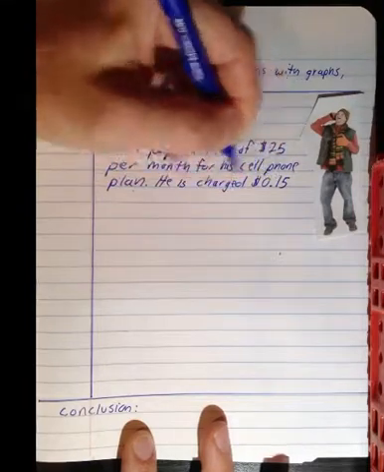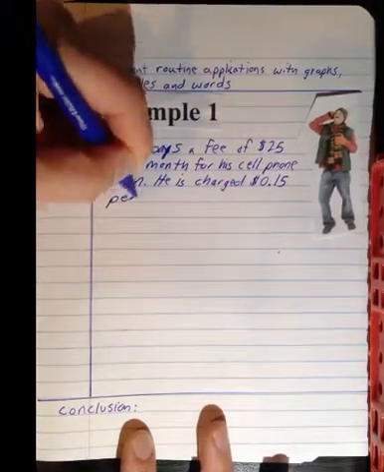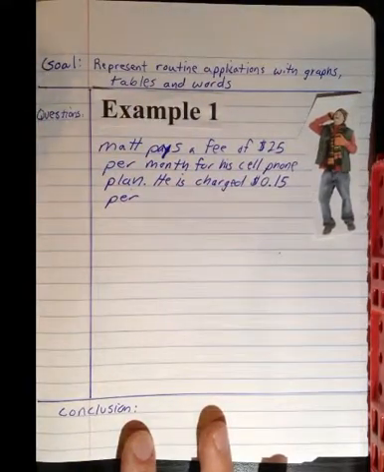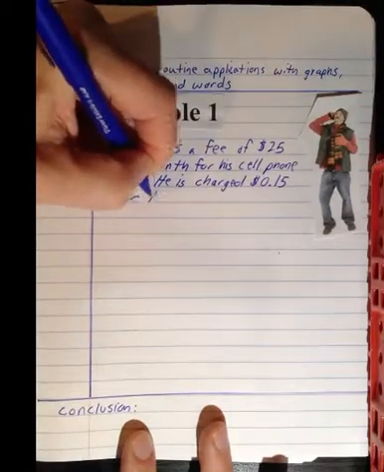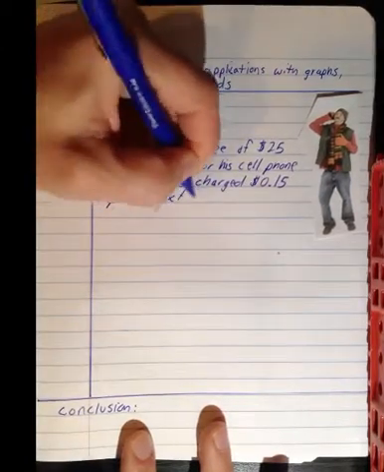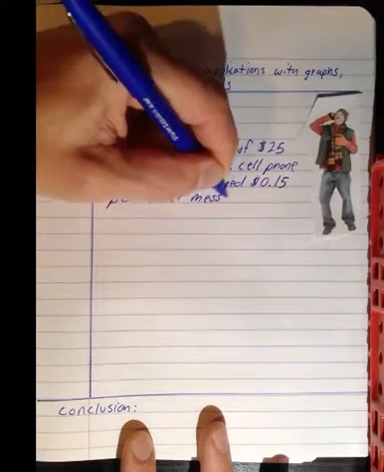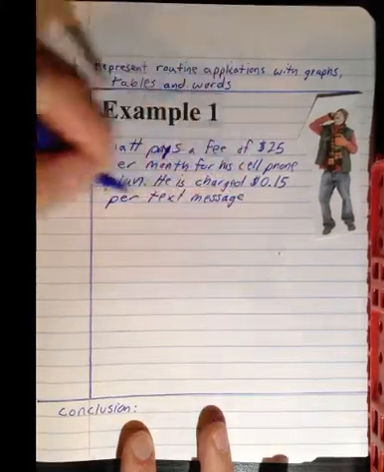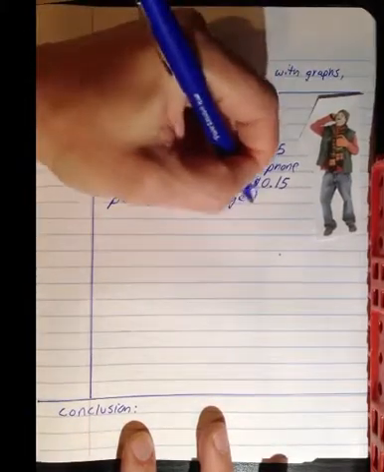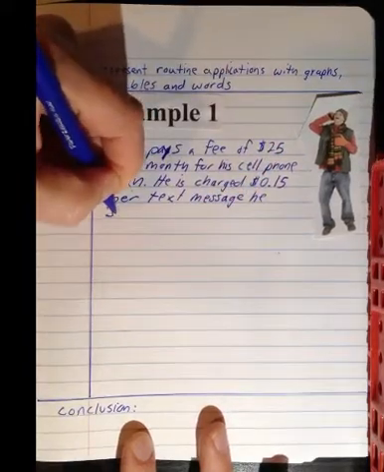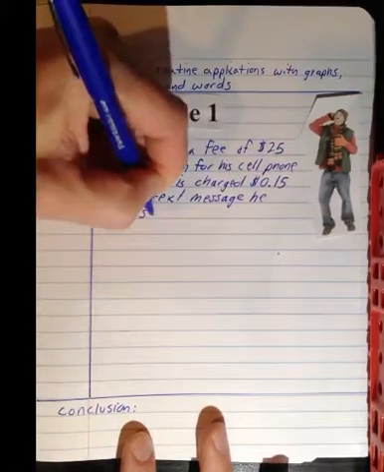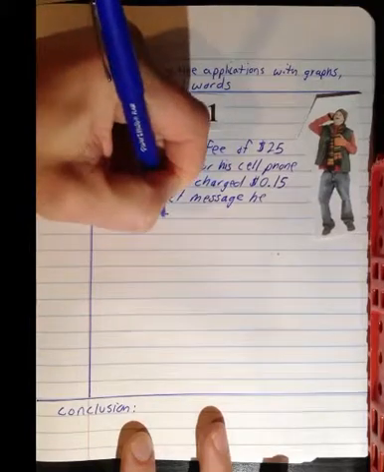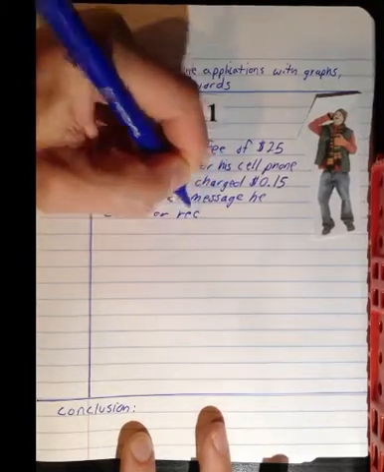We've been talking about recursive routines, and we can see these fees as a recursive routine. The start value of this routine would be if he sends 0 texts.